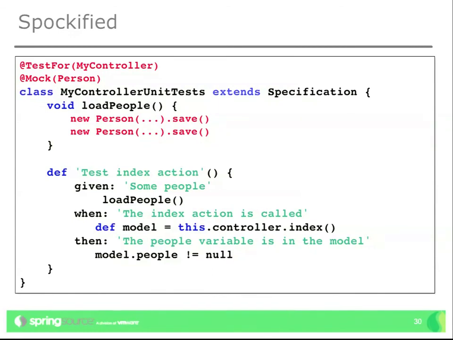This is something you can't do in Grails 1, because the unit test has to extend Grails unit test. Here we're extending Specification, so I get to do all kinds of cool Spock stuff. These are all Spockisms showing up in that test. Given some circumstance, when I invoke the index action in the controller, then I expect the model to include something called people, right? What about like runners?